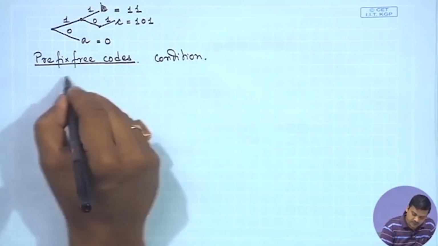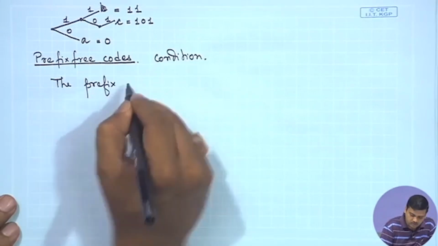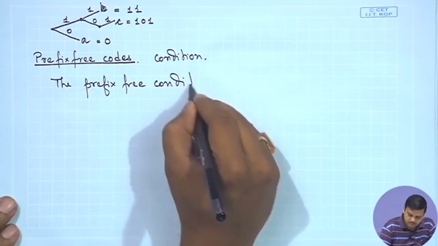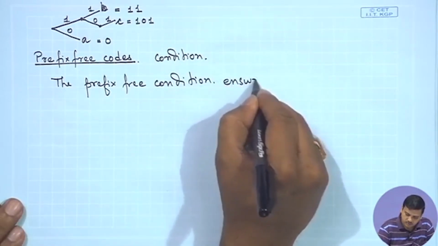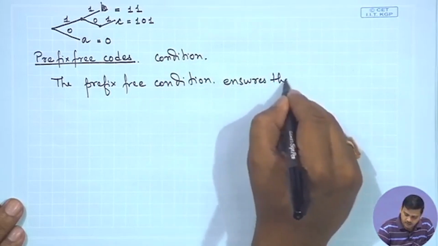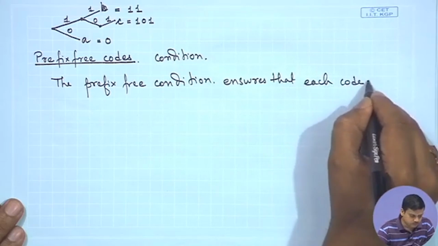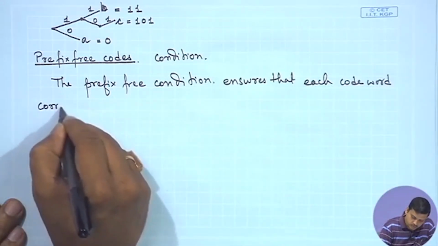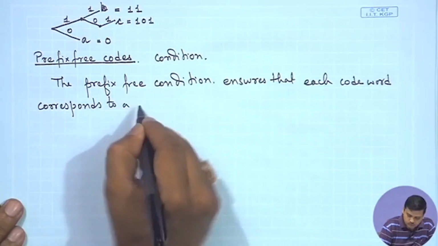The prefix free condition ensures that each code word corresponds to a leaf node.